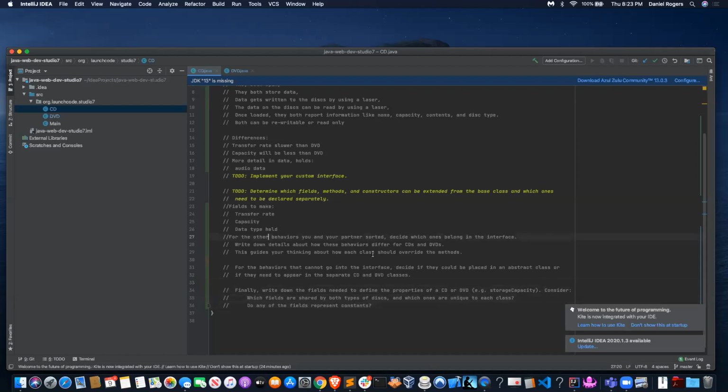Let's see. For the behaviors, you and your partner sort, decide which ones belong in the interface. Write down details about how these behaviors differ for CDs and DVDs.